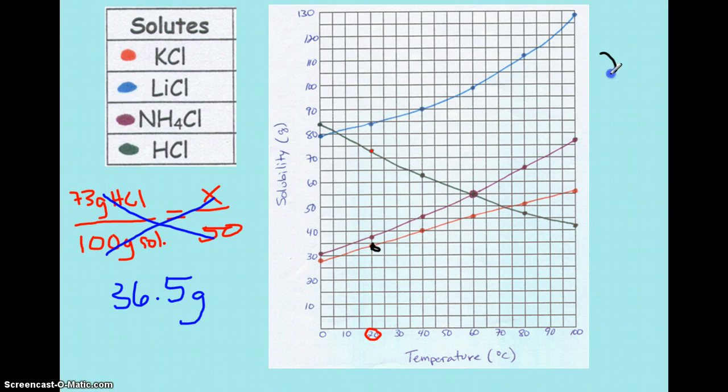Well, 250 grams of solution, so I would take 29 times 2.5, or I can set up the proportion. And so the answer there becomes 72, sorry about my writing, 72.5 grams. All right, so that's how we answer those questions.